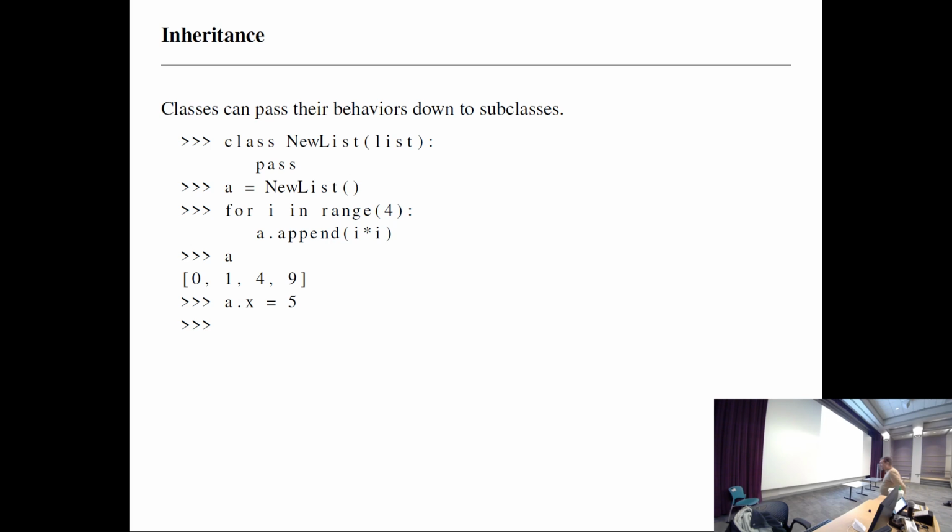Now this gets a little more interesting because I can add variables to that existing list type. So a.x, I'm adding a variable x, whose value is 5, to the instance of class newList. And when I print them both out, I get exactly what I expect.